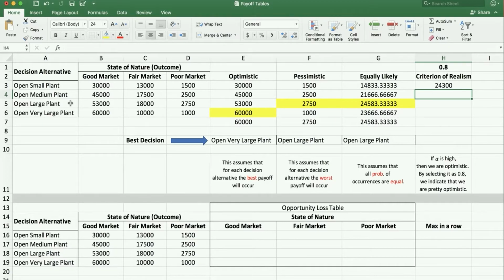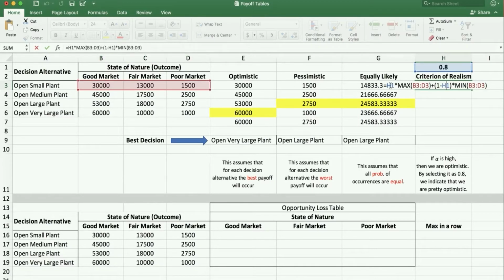And what I'm going to do next is to basically repeat the same thing. 0.8 times the maximum payoff for the second decision plus 1 minus 0.8 times the worst payoff for the second decision alternative. For these situations, we put dollar signs around the value that we will repeat. In this case, H1 will repeat. So we put dollar signs around H1, so that when I drag this function down, it automatically calculates all the remaining values.